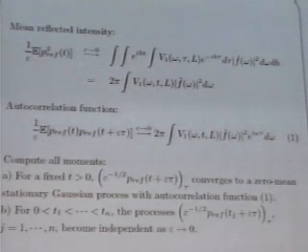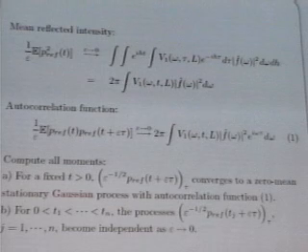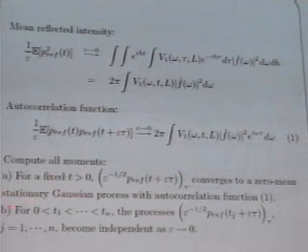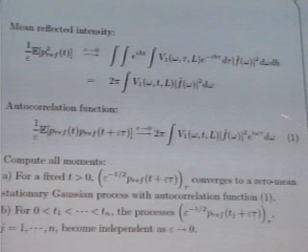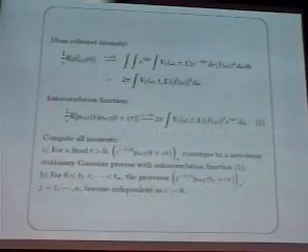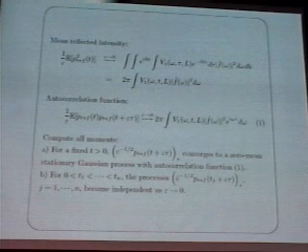And once you have computed all the moments, you have computed the complete statistical distribution, and eventually you get this result. As epsilon goes to 0, the reflected waves converge to a locally stationary Gaussian process, whose autocorrelation is exactly this expression, with the function of V1, which actually contains all the information about the medium.